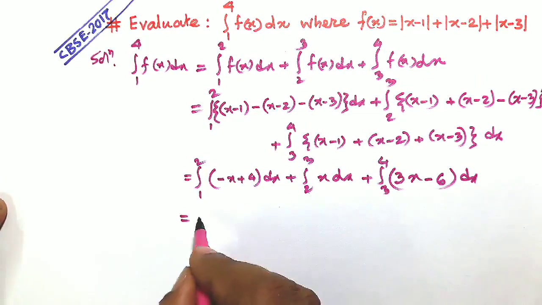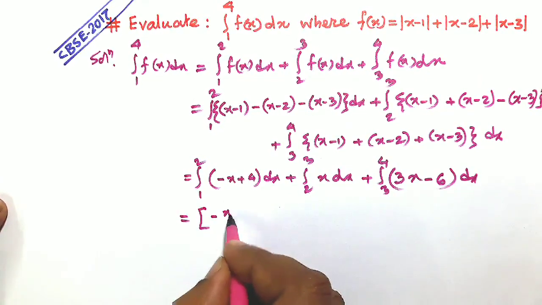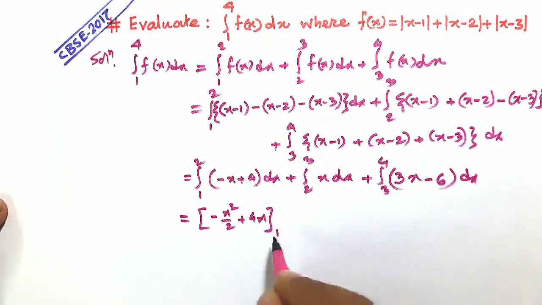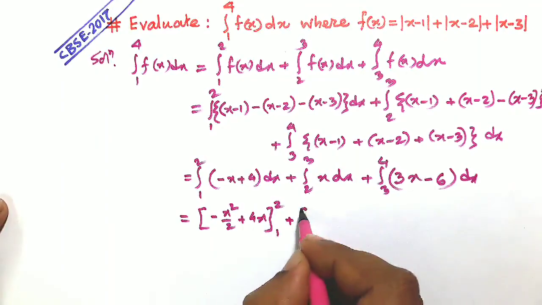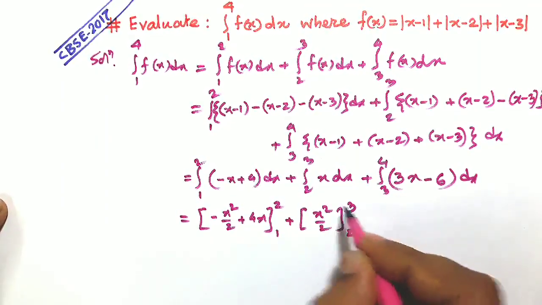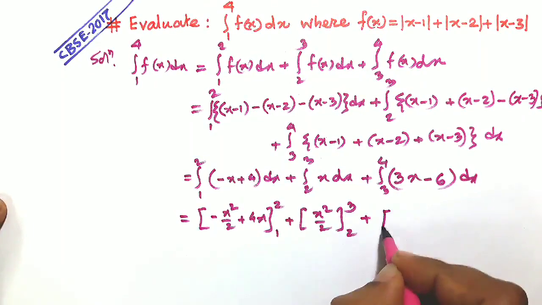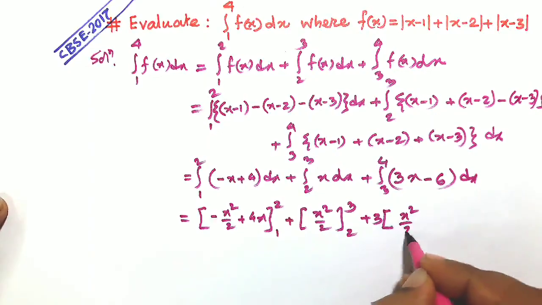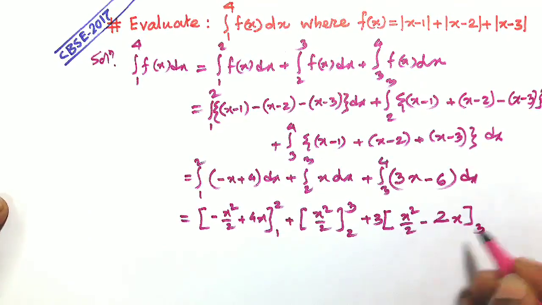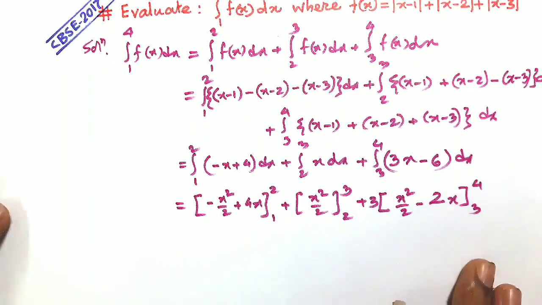So after integration we are getting minus x square upon 2 plus 4x, limits from 1 to 2, plus x square upon 2, from 2 to 3, plus 3 is taken common, so x square upon 2 minus twice of x, limits from 3 to 4.